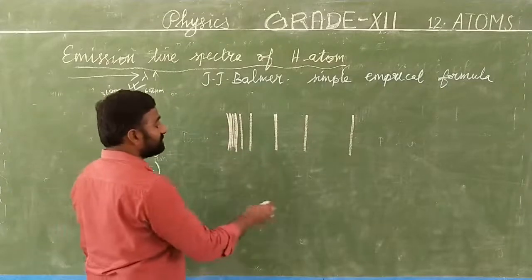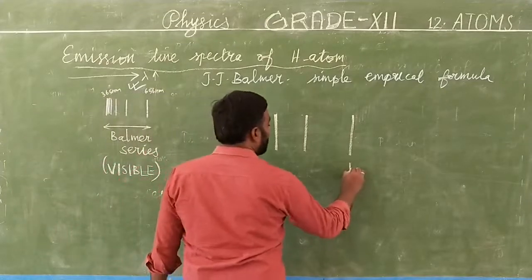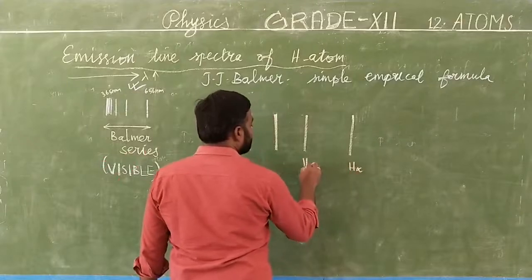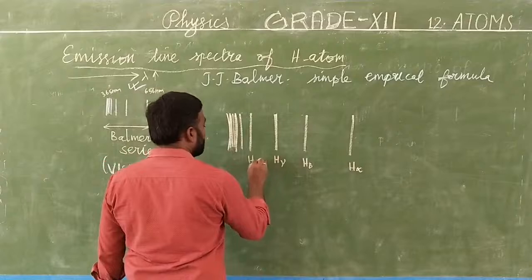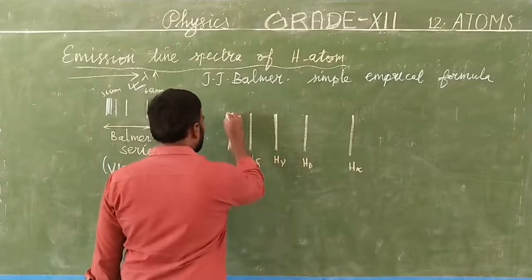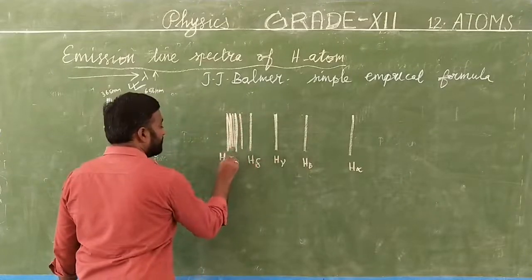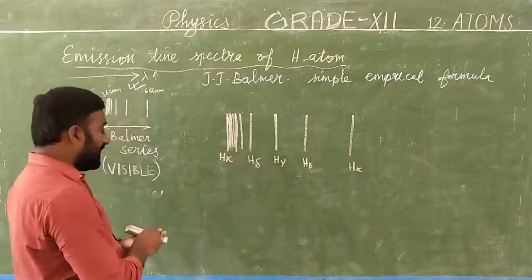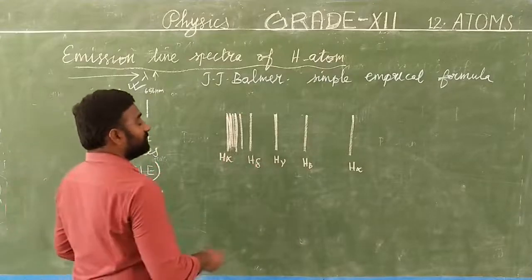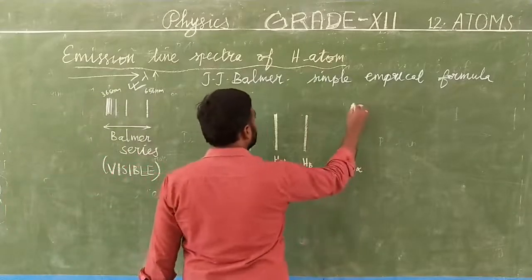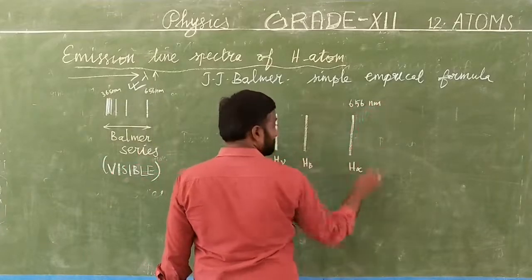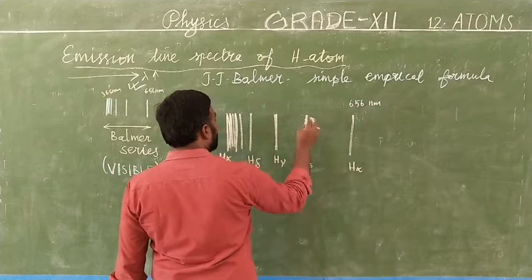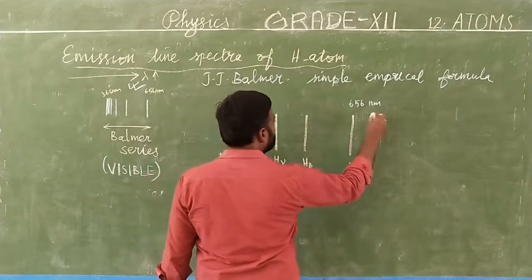The Balmer visible spectrum starts from the H alpha line, H beta line, H gamma line, H delta line, and the last line is H infinity. They have different wavelengths. The H alpha line has the maximum wavelength, nearly 656 nanometers, and it is red light.